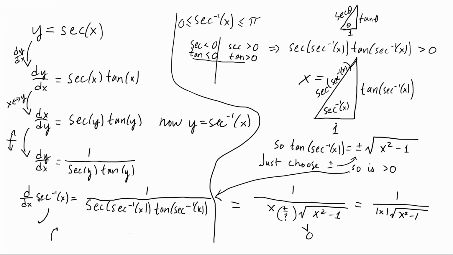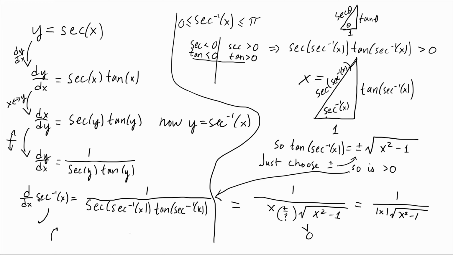So we can compute what the tangent is using the Pythagorean theorem: 1 squared plus tangent of secant inverse squared is equal to x squared.